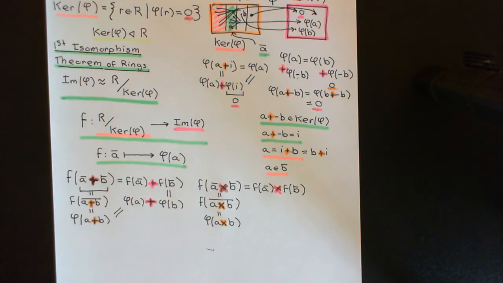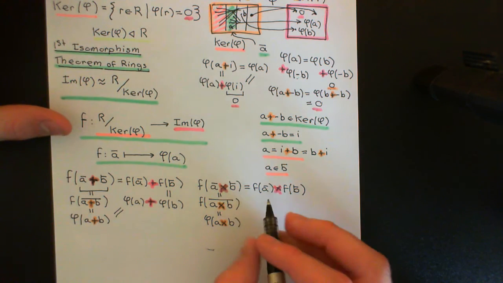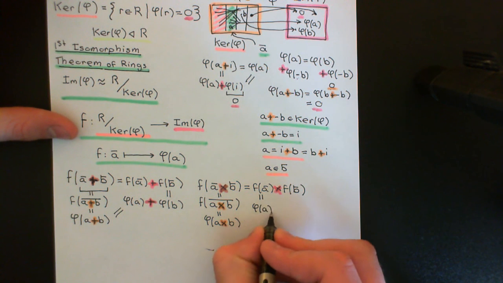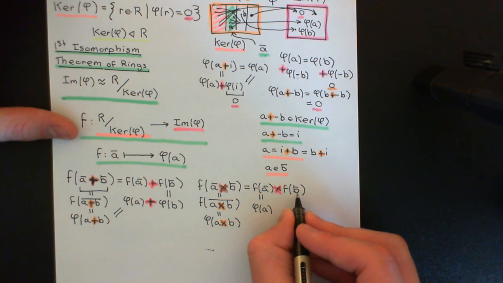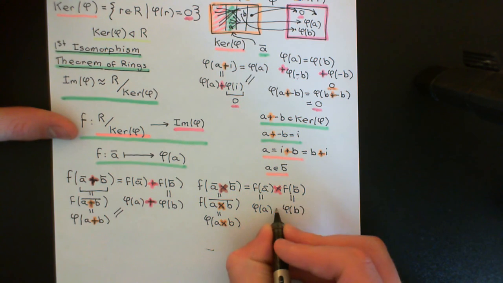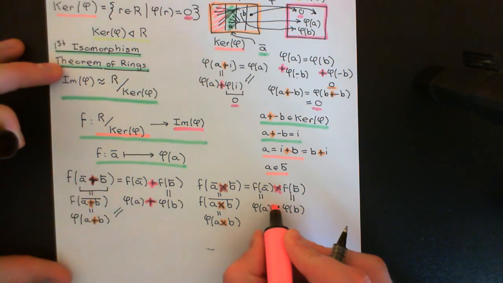Then if we work a little bit with the right hand side here, f of a bar, just by definition, of course, again, we take a representative from here, we'll use the representative a, so we take phi of a, take a representative from b bar, we'll use b, and then we will have phi of b here, and then we'll have these two multiplied together still in the image of the homomorphism here.